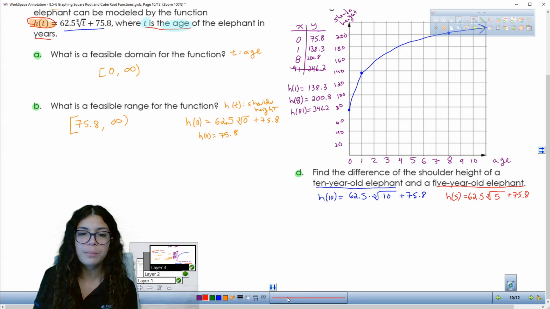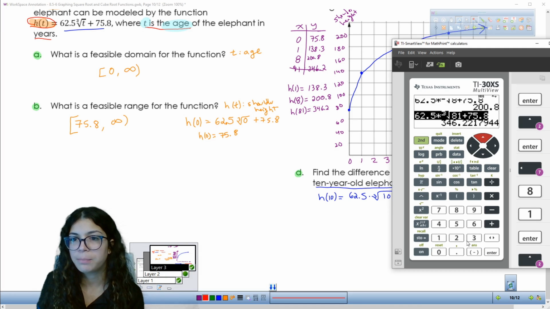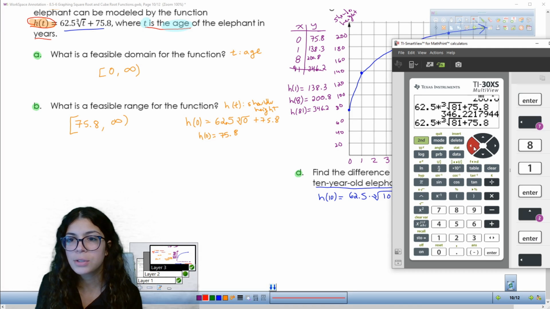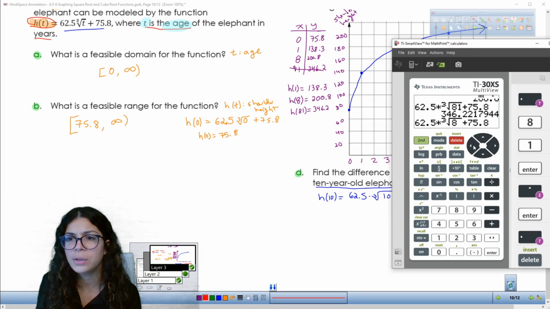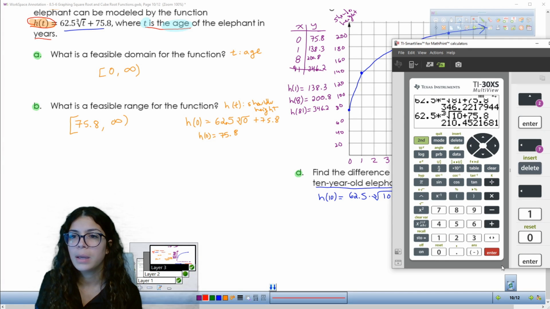Okay, so let's use our calculator. I already have plugged all that stuff in, so I'm going to hit enter, and I'm going to replace 81 with, I'm going to delete the 1. Actually, I didn't need to do that because it's 10. So 1, 0 is 210.5.